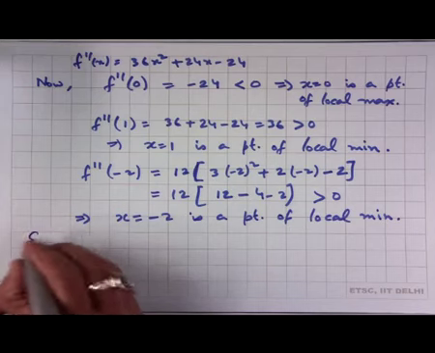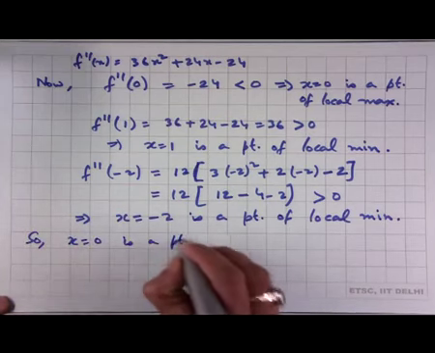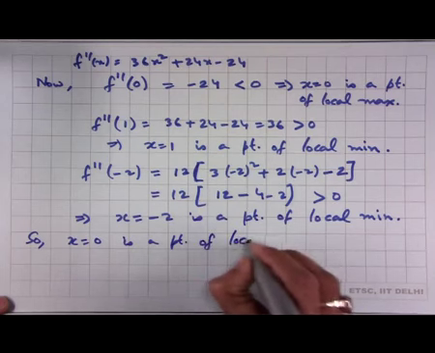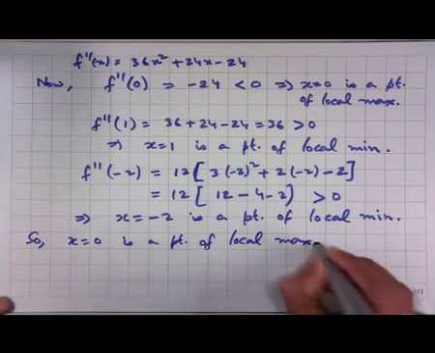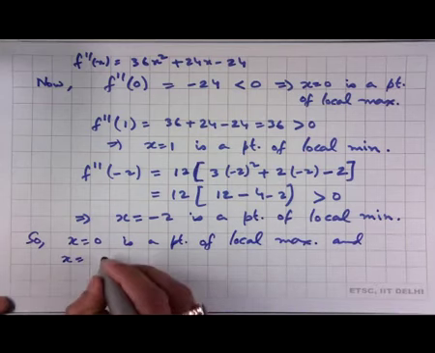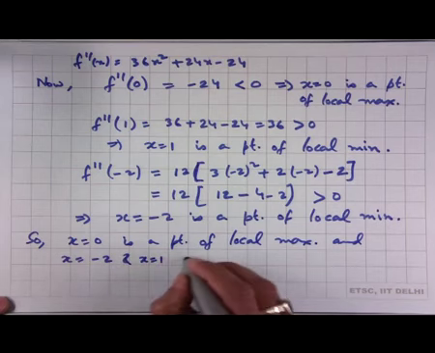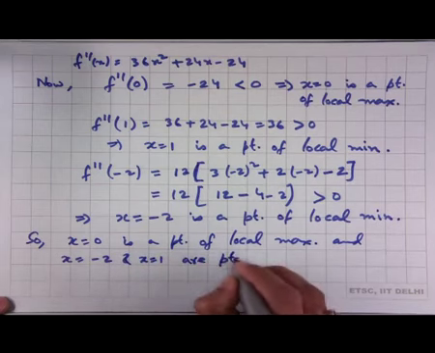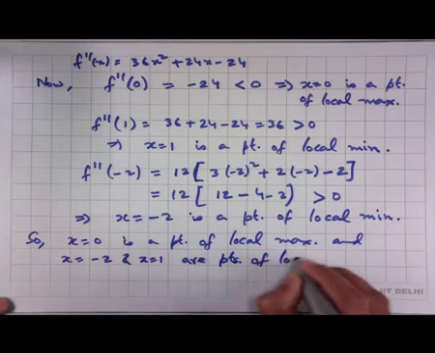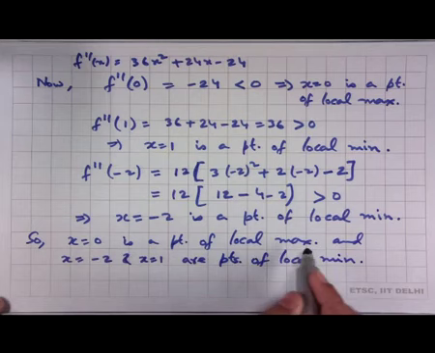So, x equal to 0 is a point of local max, and x equal to minus 2 and x equal to 1 are points of local min. We can also use this to find what is the minimum value and maximum value.